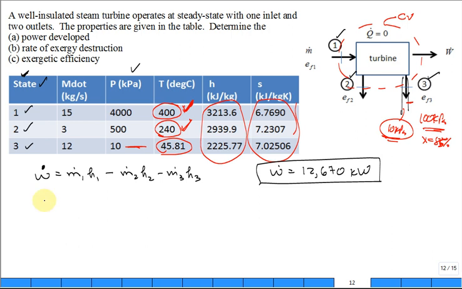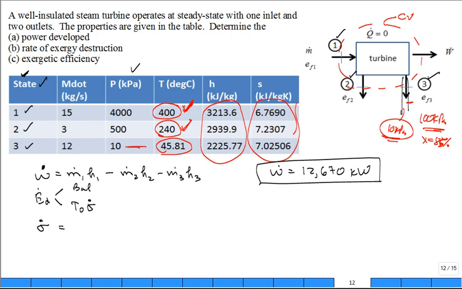You can do the exergy destruction using the approach of an exergy balance, or you can just say exergy destruction is T naught times sigma dot and do an entropy balance to get sigma dot. True? Either approach works. Probably coming out of Thermo 1, your sigma dot is probably a little more appealing to you because you can do a second law balance pretty quick.